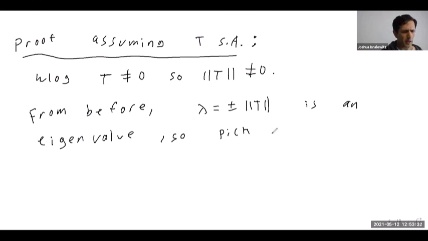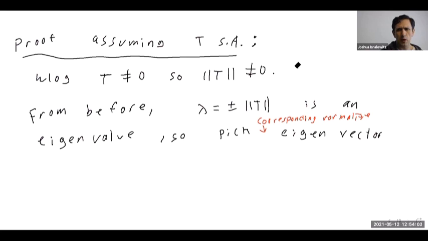So, using the book's notation, pick a corresponding eigenvector, let's say g1, and let's say it's normalized.